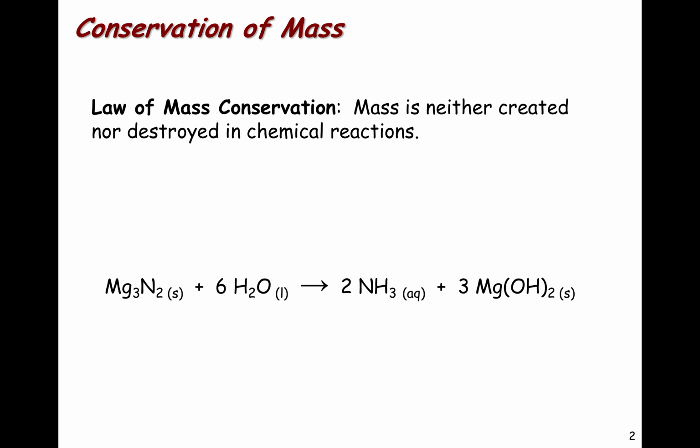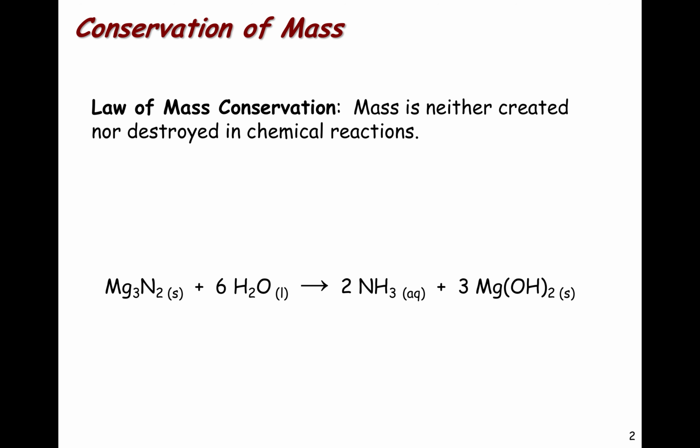If you combine that with water molecules in a 6-to-1 ratio and provide an appropriate amount of energy to get the reaction started, we can form 2 new substances. In this case, one of those substances is known as ammonia.